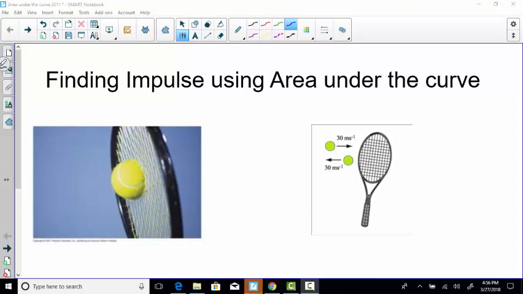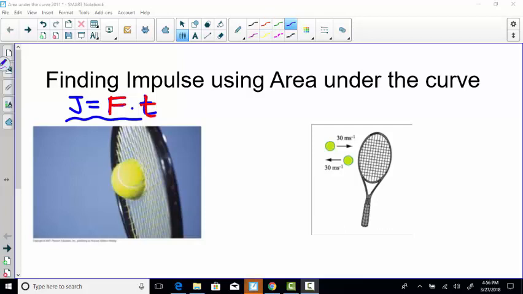So now that we have figured out that we have what's called an impulse, which is applying a force to an object for a certain amount of time, hopefully you've realized that it is this impulse that actually causes an object to change its motion, because we are applying a force for a certain amount of time.